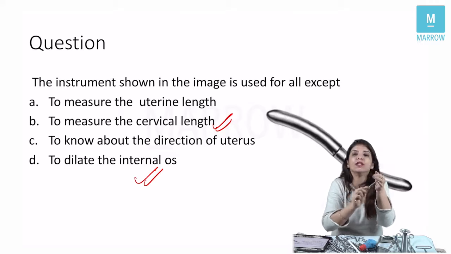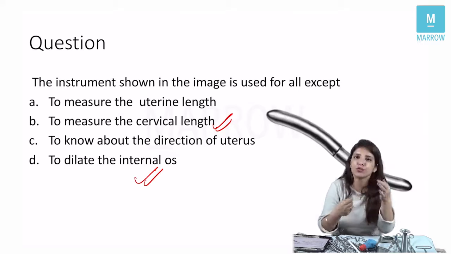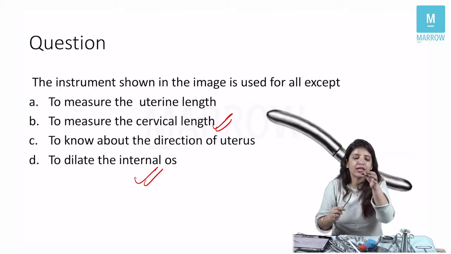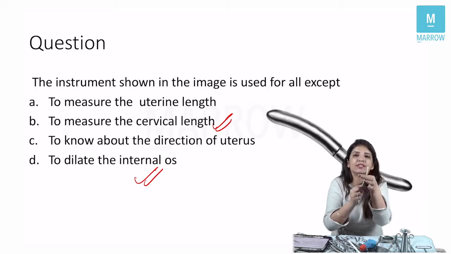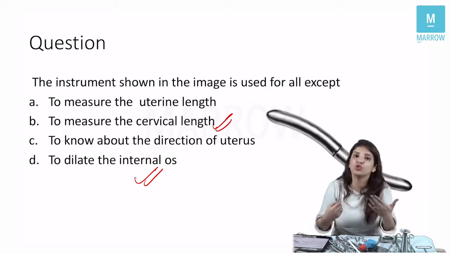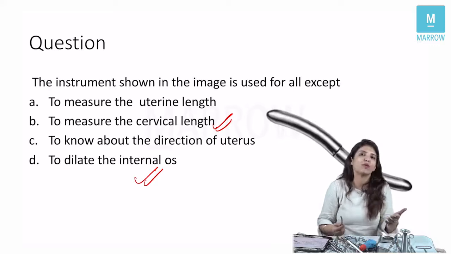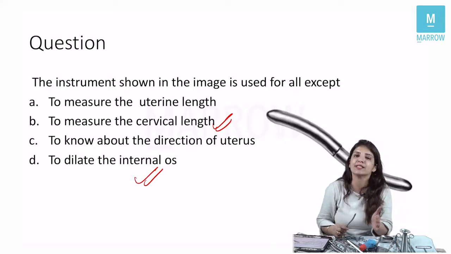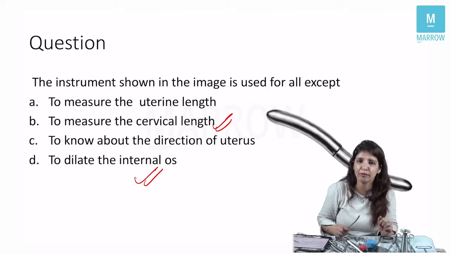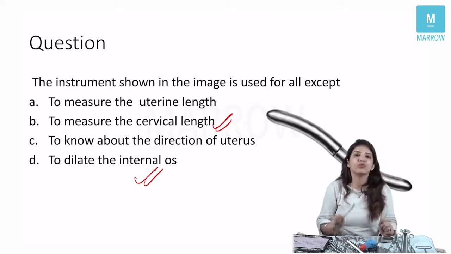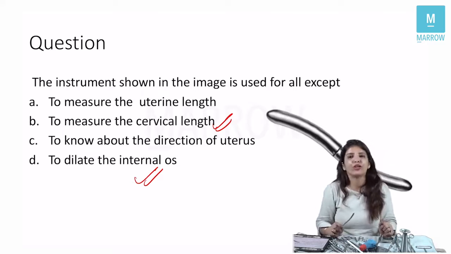But if the internal os is open, in that case, when you put a number 8 Hagar's dilator, the female is not going to resist and you are going to come to know that yes, this female has cervical incompetence, right? So that was one more use of Hagar's dilator, right?